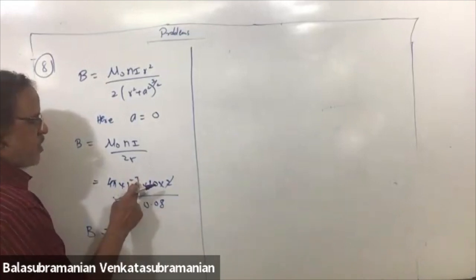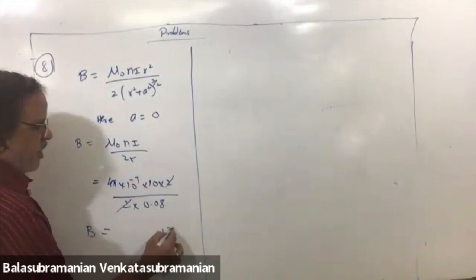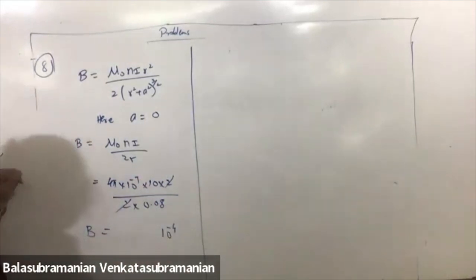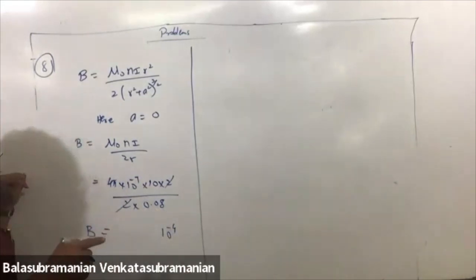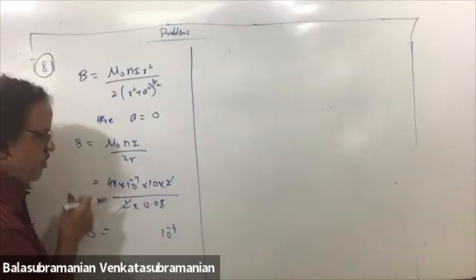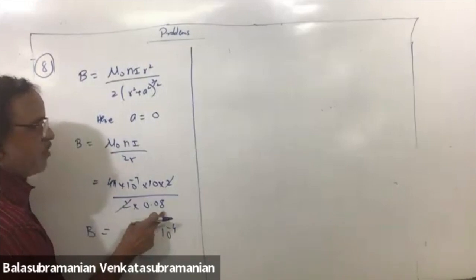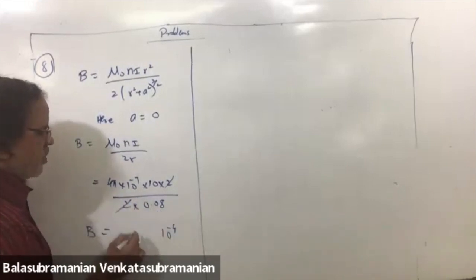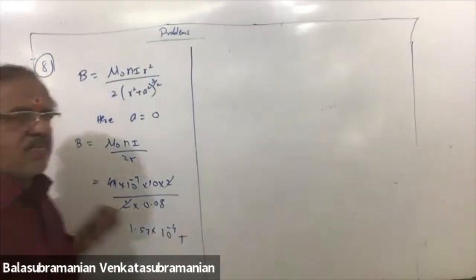Numerator 10 power minus 5, this is 10 power minus 4. Then 4 and 8 is 2 times. Denominator 2, 5 by 2. 3.14 by 2, that is 1.57 into 10 power minus 4 Tesla.